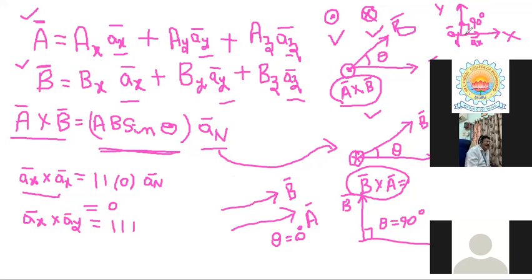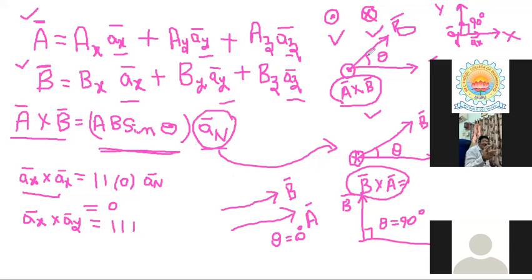And now think about the direction, that is an bar. An bar is obtained using the right hand thumb rule, or right hand rule. If you turn your three fingers perpendicularly, that is the middle finger, forefinger and thumb, then these give the x-axis and y-axis, and the thumb gives the z-axis.